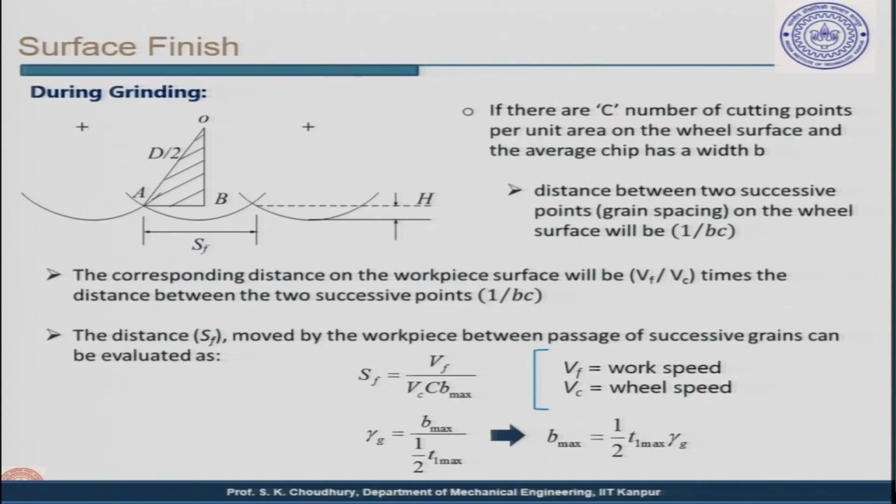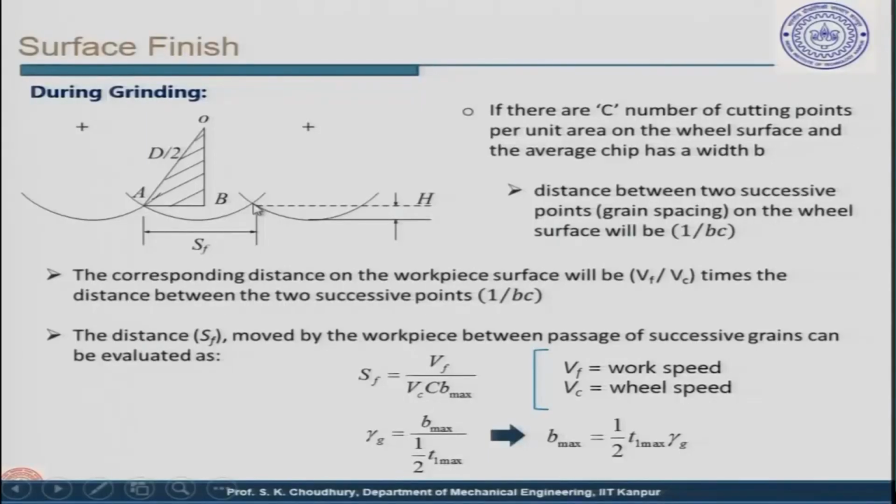So, for each rotation of the grinding wheel, how much the workpiece is moving is shown from here to here. Let us say there are C number of cutting points. Earlier we said that capital C is the grain concentration per unit area on the wheel.